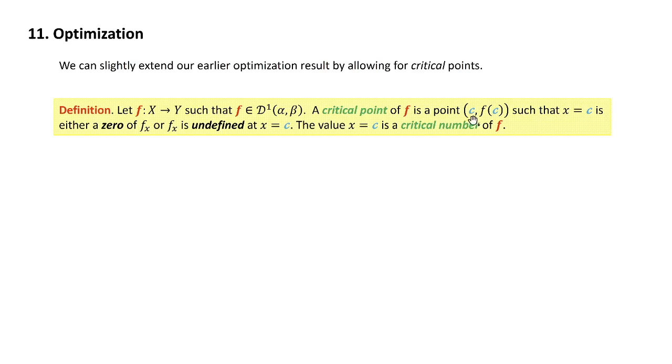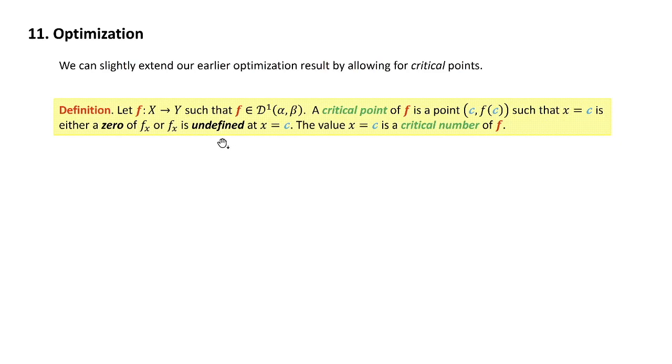So there's a point C, and the y value is f of C. So that x equals C is either a zero of the derivative or the derivative is undefined there. Now to be honest, there's some flexibility here. You can either say C is a zero of the derivative, or you can say C is either a zero of the derivative or where the derivative is undefined.